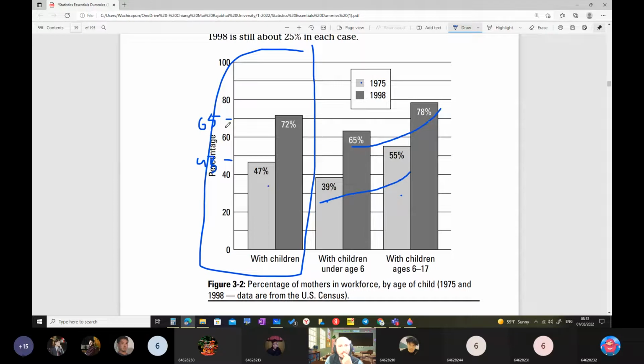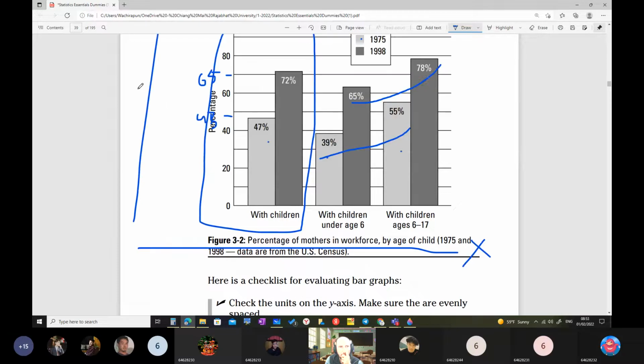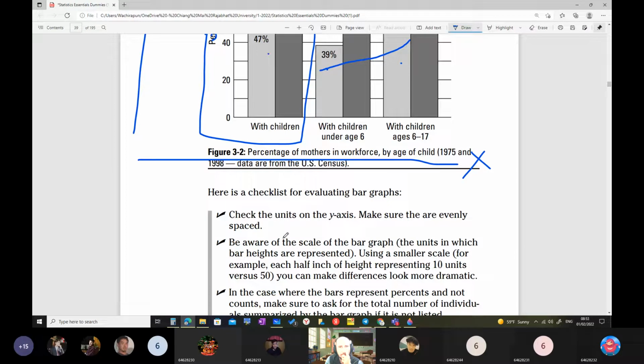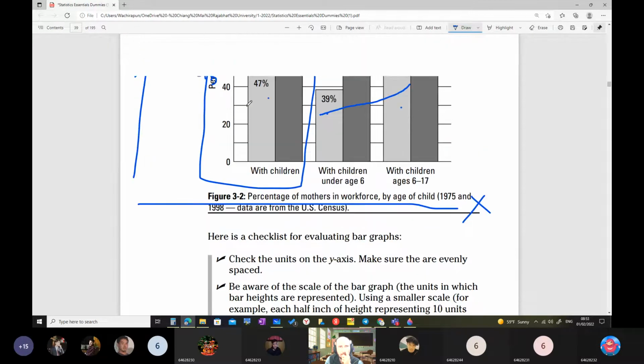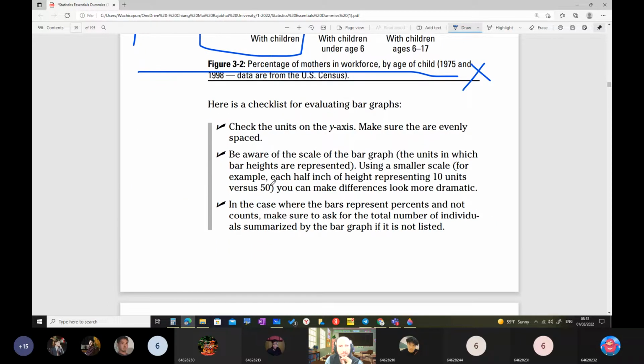Okay, here percent, right? Percent, and here something like mothers with children. X, Y, right? Evenly spaced, right? 20%, 40%, 60%. It needs to be evenly spaced.